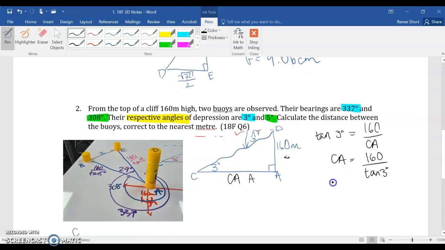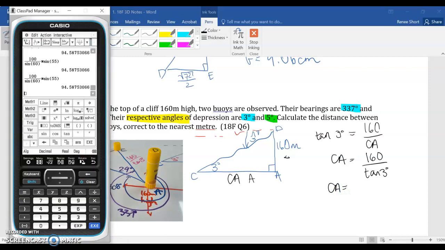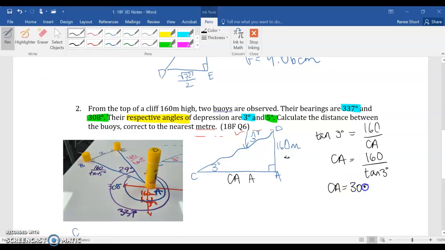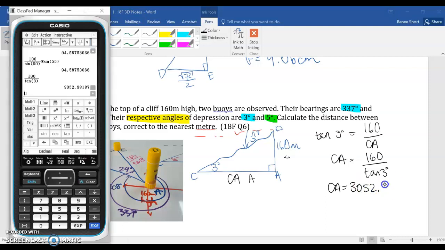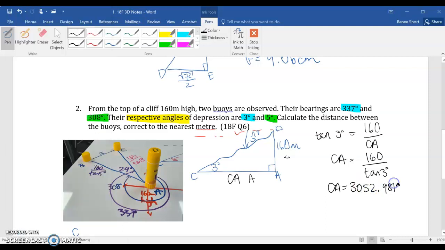That is my most accurate form of the answer. My final answer needs to be to nearest meter. So if I like, I could pop this in my calculator here, 160 over tan 3, and I could write it with some decimal places. So let's write it to 4 decimal places. We've got 3052.9819 meters.